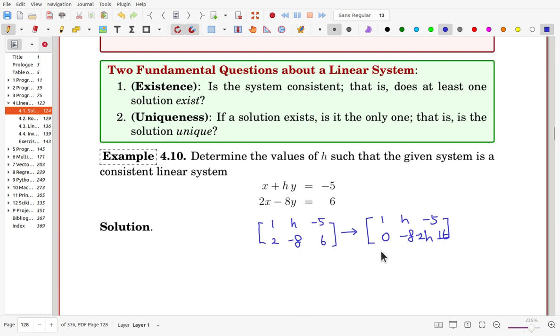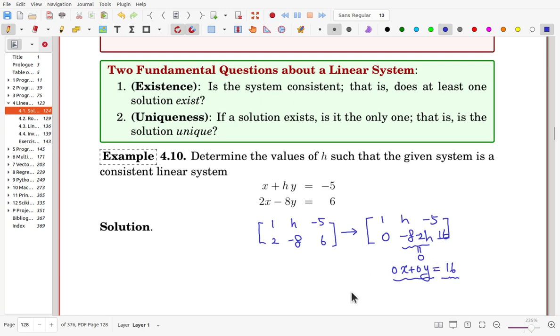Now here, if this is 0, for example, that means there is 0x plus 0y equals 16. Left-hand side is 0 and right side is 16, which is impossible. If it is non-zero, then we can scale and we can get the solution.